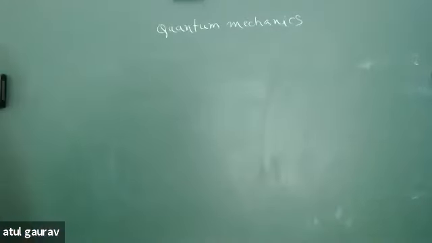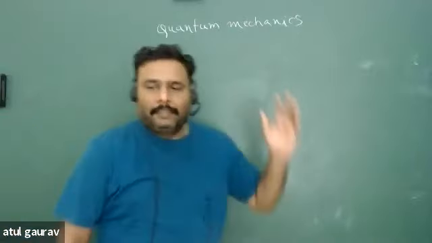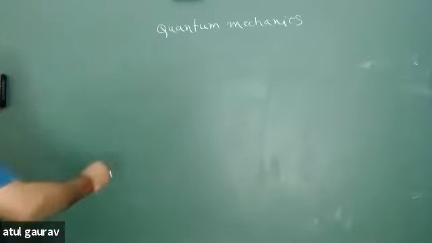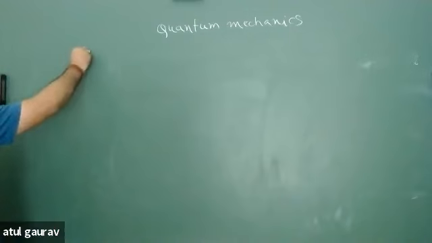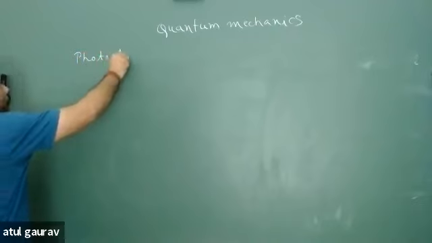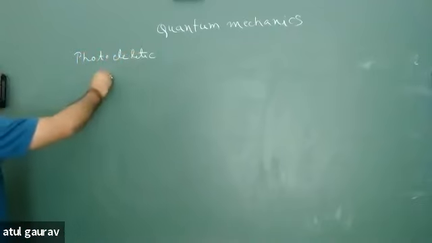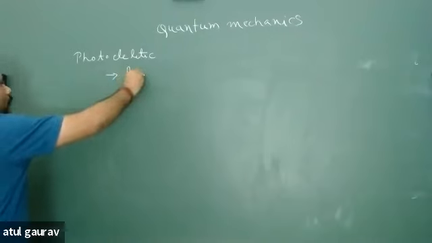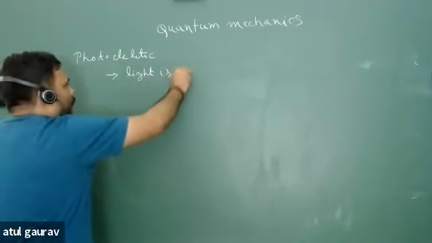Okay, so what are the historical developments? I am not giving the time when each happened, I'm just giving the names. First, there was an experiment known as the photoelectric experiment. The photoelectric experiment tells you that light is behaving like a particle.